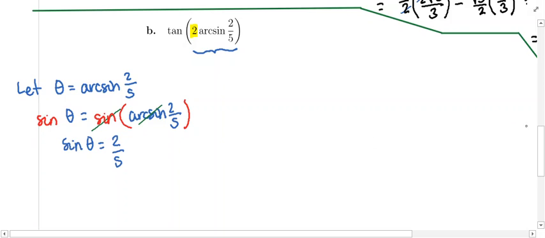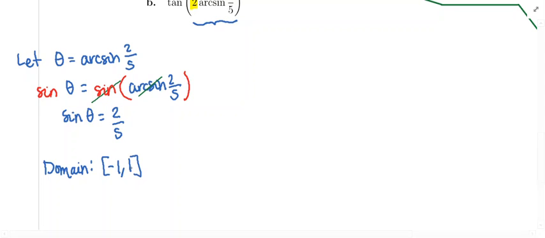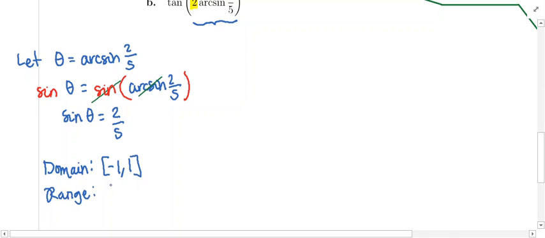If we look at that, we also need to keep in mind the domain and the range of arcsine. Domain, if you flip back to page 7, you can plug in any number between -1 and +1. 2/5 fits that bill, so that's a perfect input. The range, the sort of angle that is going to be returned, is -π/2 to +π/2.